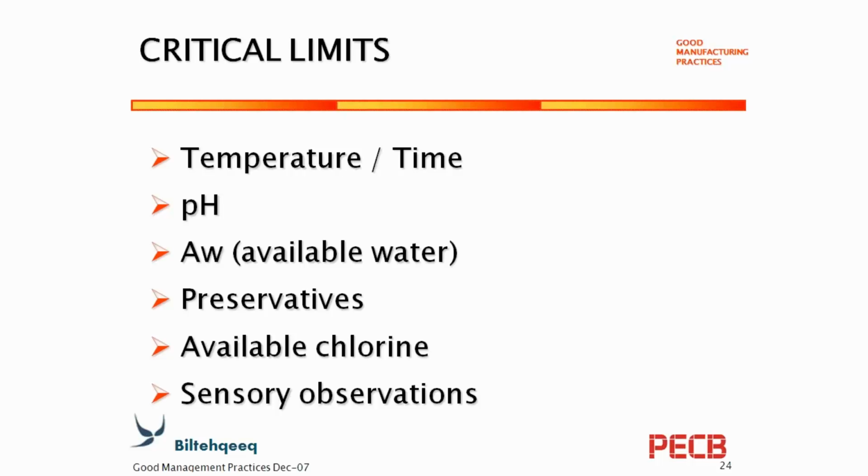These values can be in the form of temperature in a specific time, pH value, availability of water, preservative, availability of chlorine, or your sensory observations. Sometimes you feel that the noise level is very high, or the smell is very alarming or disturbing. So in this way you have to define the critical limits.